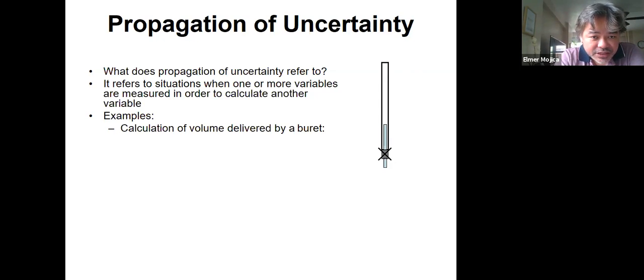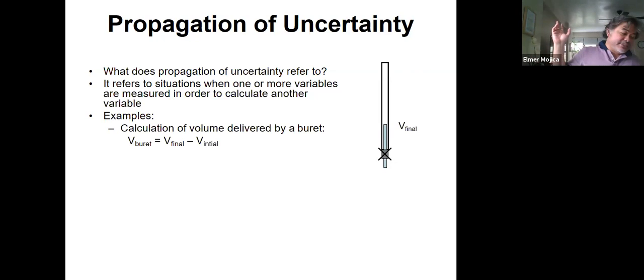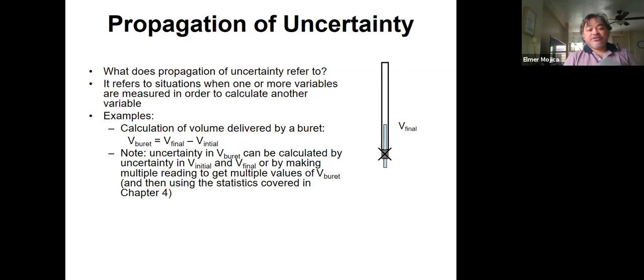Then you deliver a liquid, and you will have your final volume. So the volume delivered by your burette is based on the difference between the final volume and the initial volume. There is uncertainty in that volume, and it can be calculated by looking at the uncertainty in the initial and the final volume, or maybe by making multiple readings to get multiple values of the volume.